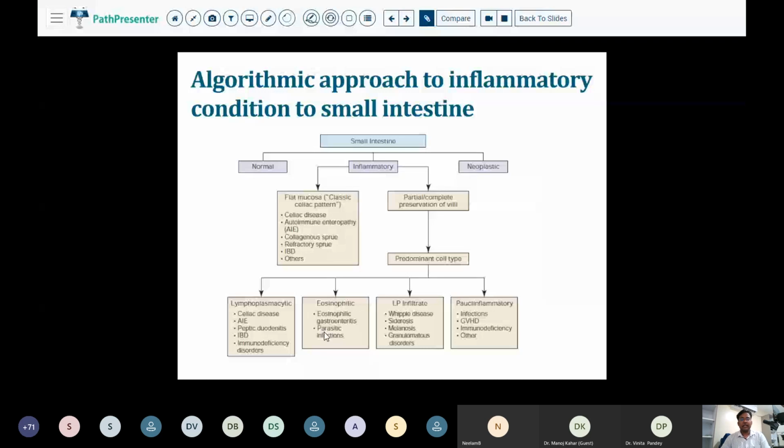If there are more eosinophils, it will be eosinophilic gastroenteritis or any parasitic infection. If there is a lamina propria infiltrate, if lymphoplasmacytic, the possibilities will be like Whipple, melanosis, or if it is a post-inflammatory lamina propria, the possibilities can be some infections or immunodeficiency.